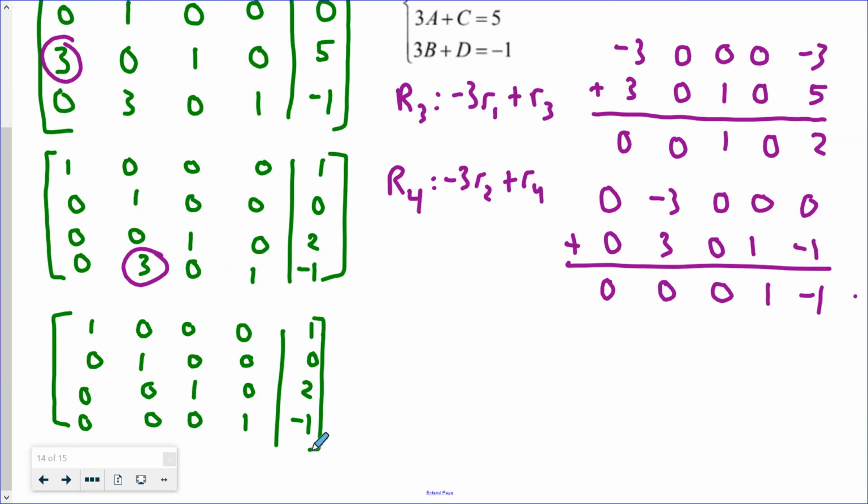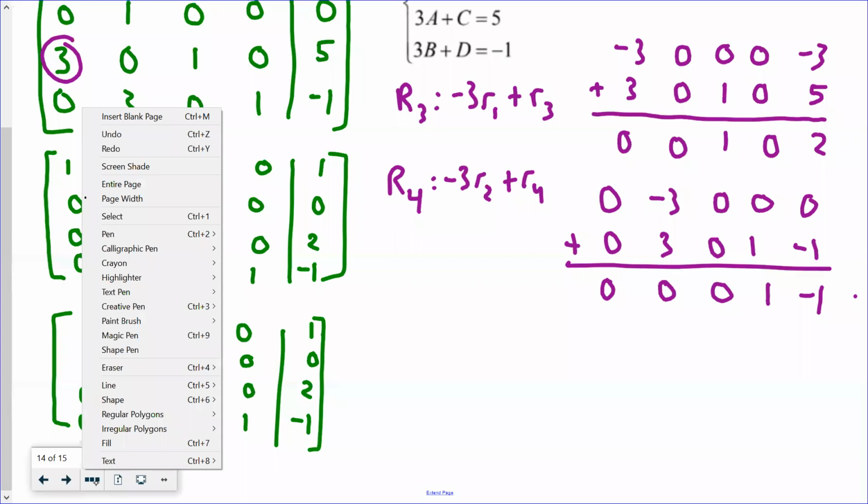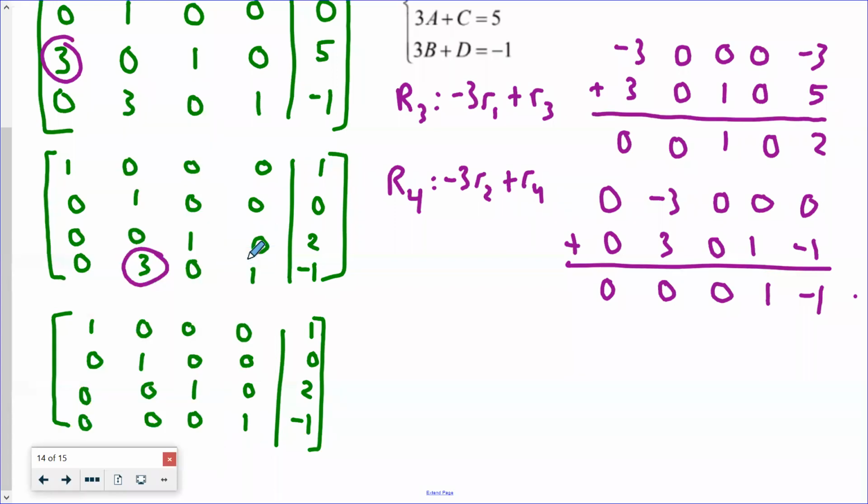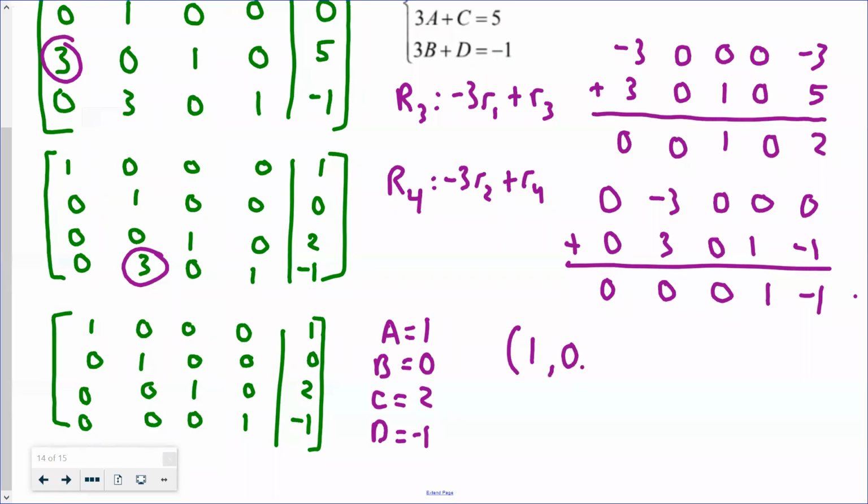Is this thing in reduced row echelon form? I only see 1s and 0s, so what that tells me is that A is 1, B is 0, C is 2, and D is -1. So my solution is 1, 0, 2, -1.